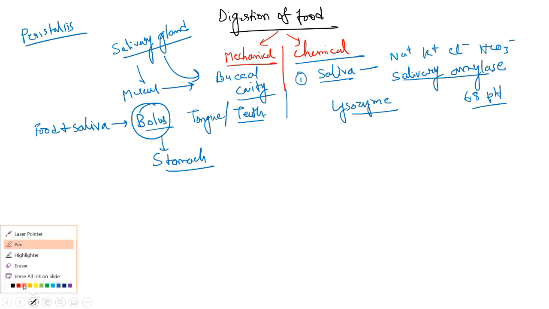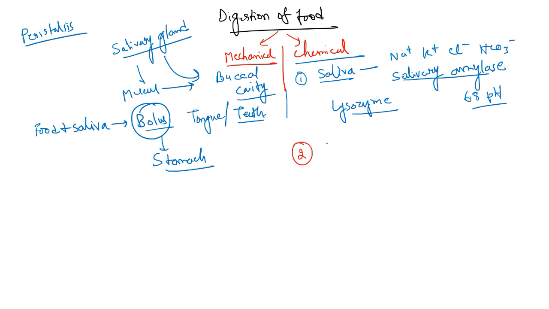Now let's migrate to the second part of the chemical digestion, and that is in the stomach. Stomach will be the location of this digestion. Stomach stores food for many hours, 3, 4, 5 hours. And stomach also has 3 types of gastric cells, secretory cells.